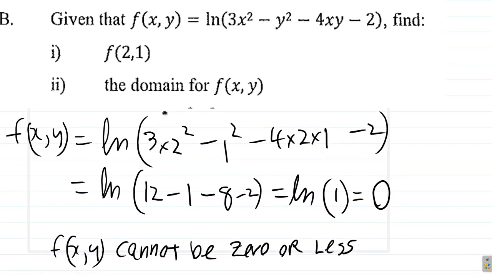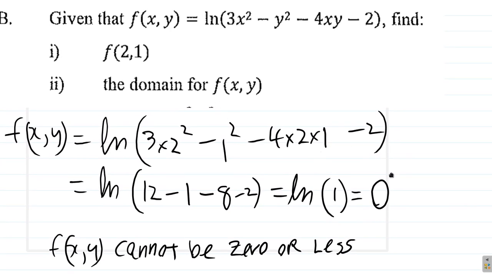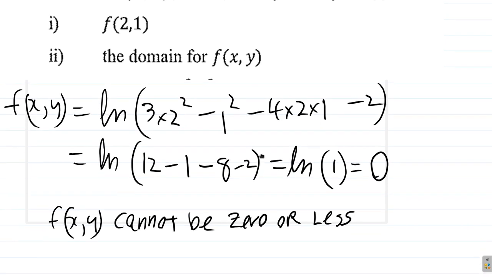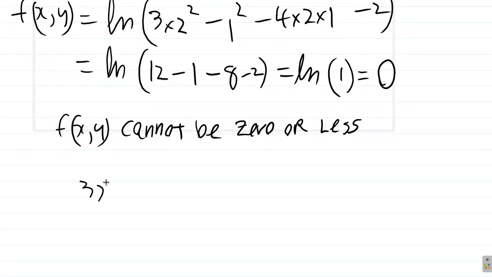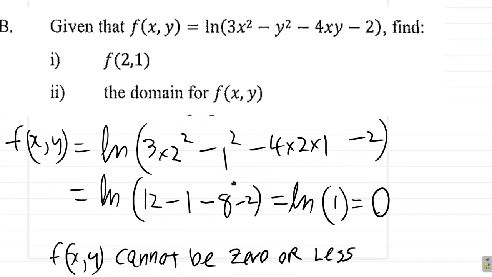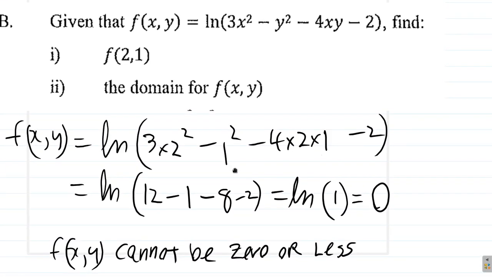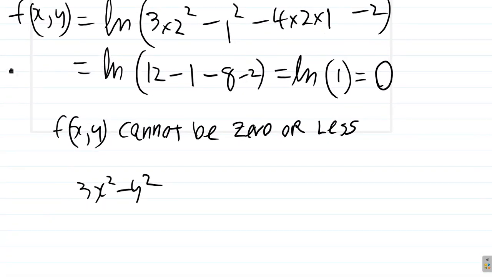What happened is that here 3x² − y² − 4xy − 2 must be greater than 0, right?